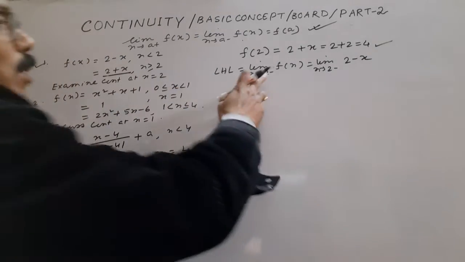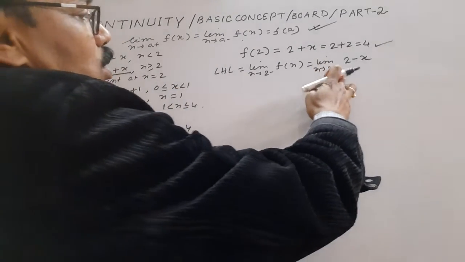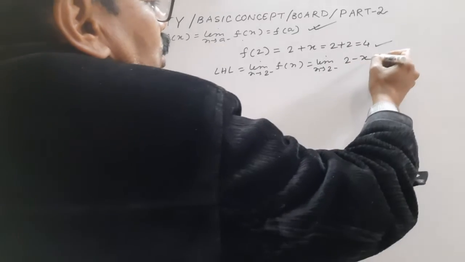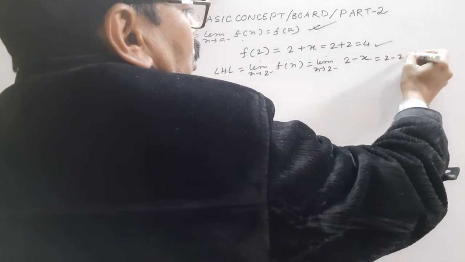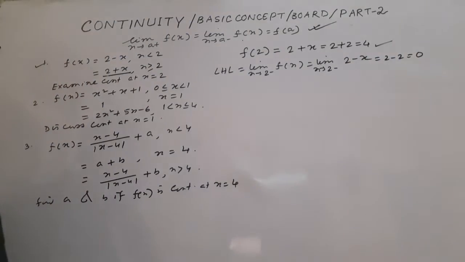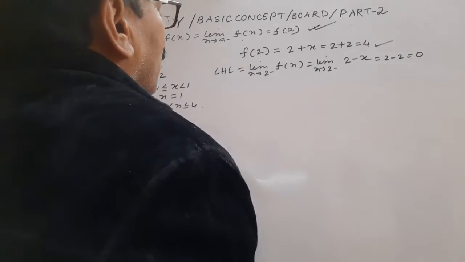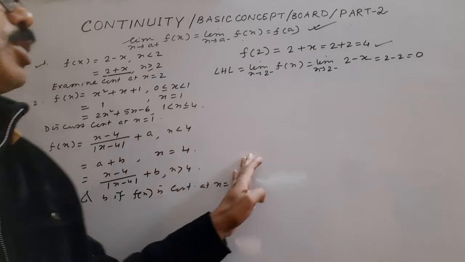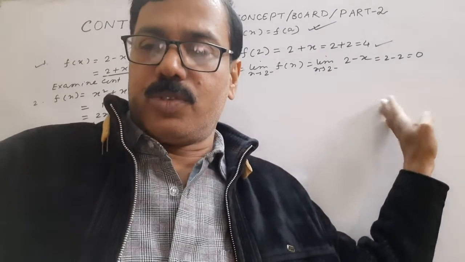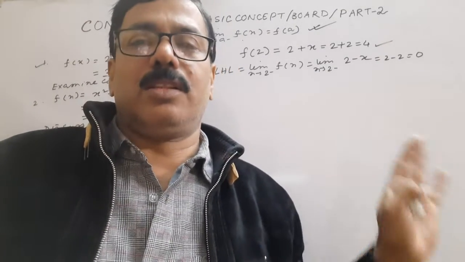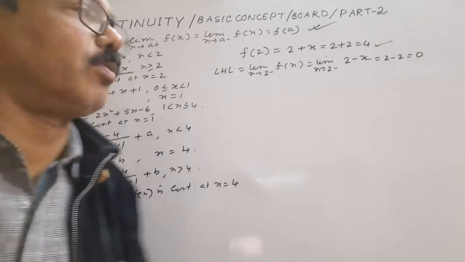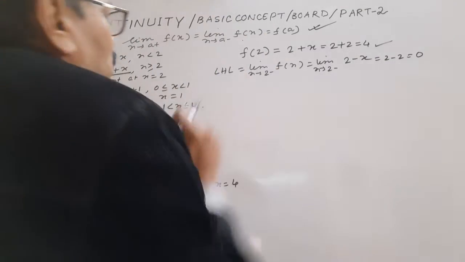So, if it is 2 minus or 2 plus, we always replace x by 2. So, 2 minus 2, so this equals 0. So, what is the value of the left hand limit? Left hand limit is 0. So, they are not the same. So, you can say the function is not continuous at x equals 2.